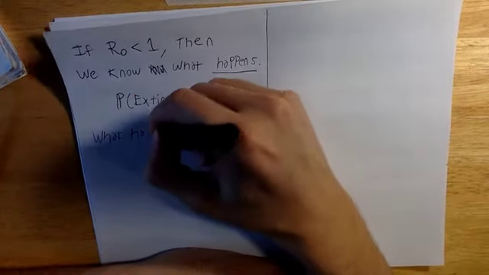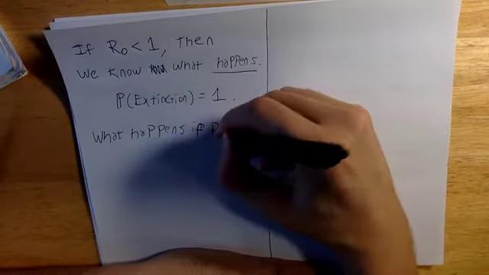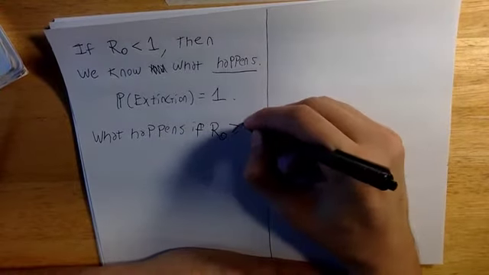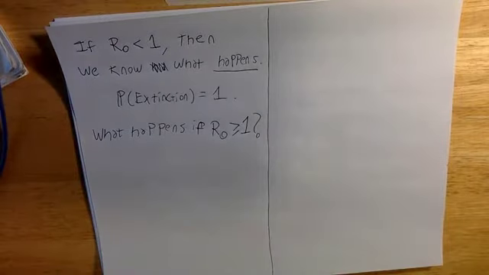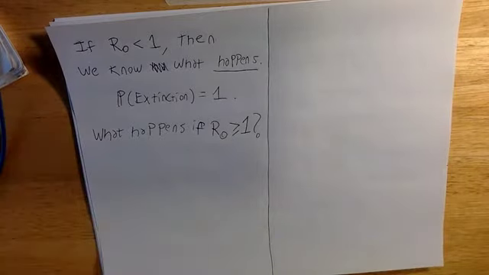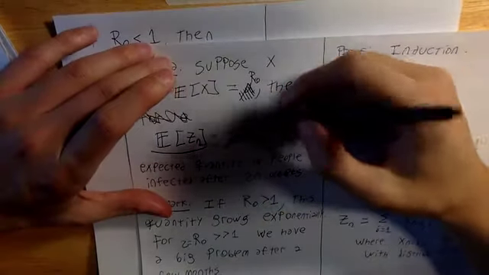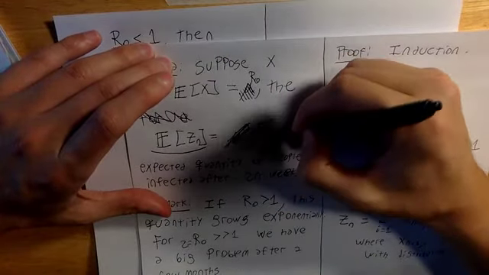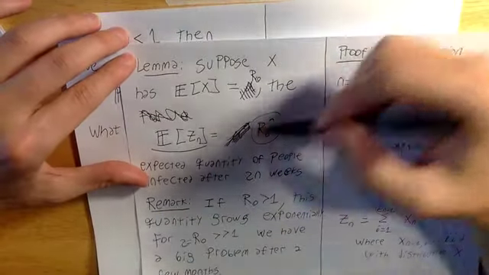Okay, now what happens if R0 is bigger or equal than 1? One of the answers that we partially have given is that the expected value of this process is R0 to the n. So if R0 is bigger or equal than 1, this will grow exponentially.